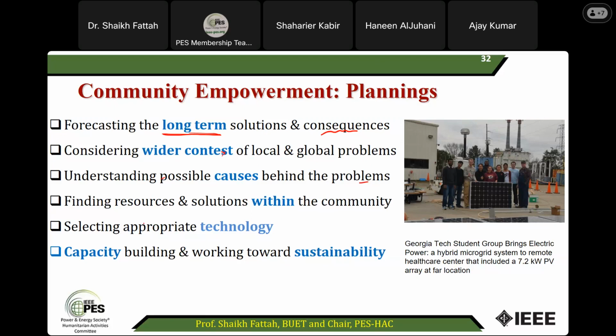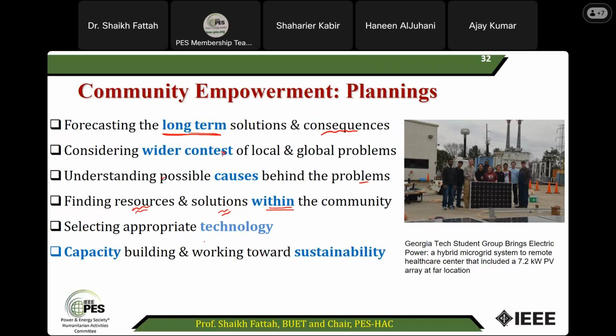If that problem is to be solved, how to get the resources within the community is important. You have to ensure the resources or the solutions are available within the community, and assume how to get them. If you do capacity building, you can then expect local solutions.